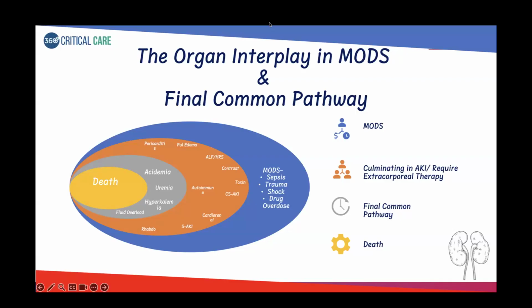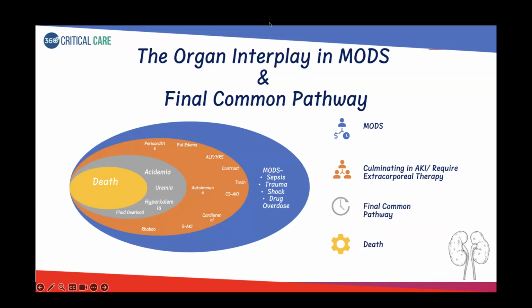Whether it is sepsis, pancreatitis, trauma, or a cardiac arrest or anything, the kidney is the most sensitive organ in the body that gets hampered and damaged by any insult to the body. Take any system or any organ, and ultimately the pathway for death is through the kidney.